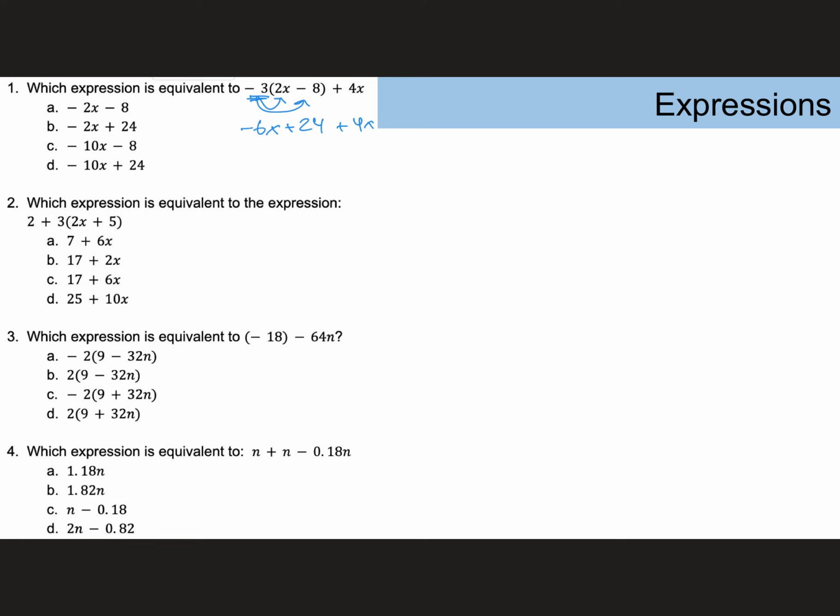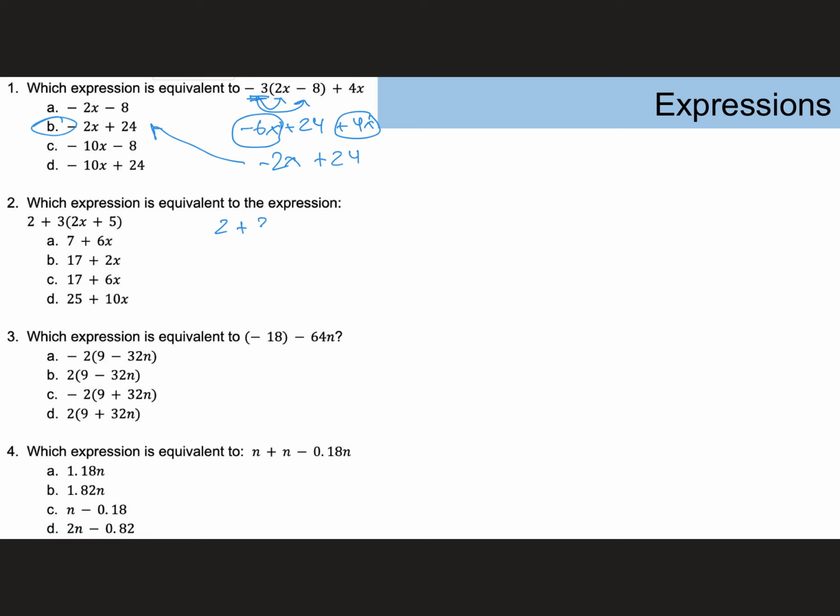Now I just need to combine my like terms. Negative 6x plus 4x is negative 2x plus 24. So I've simplified it. Now B is the only solution that works. This one is equivalent. Do the same thing for the next one.